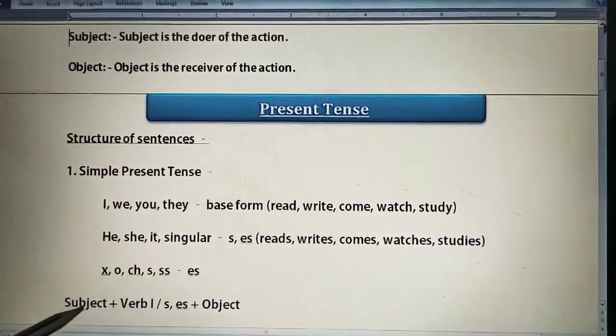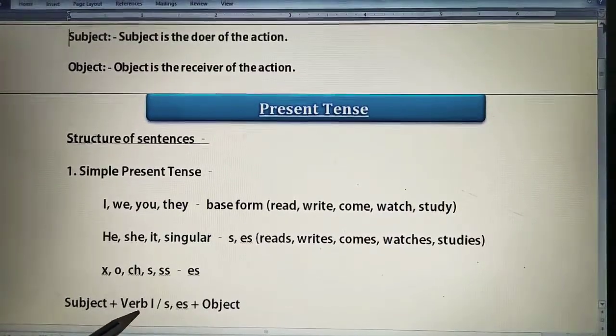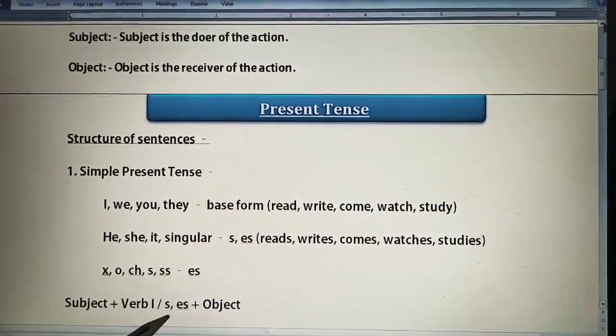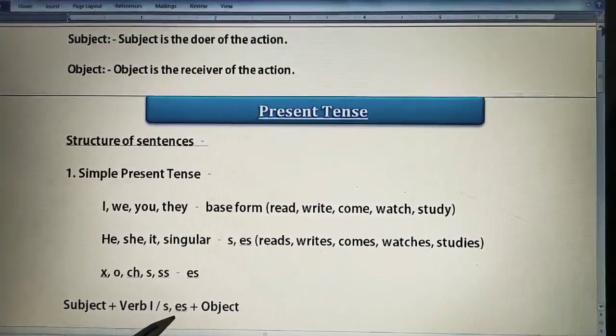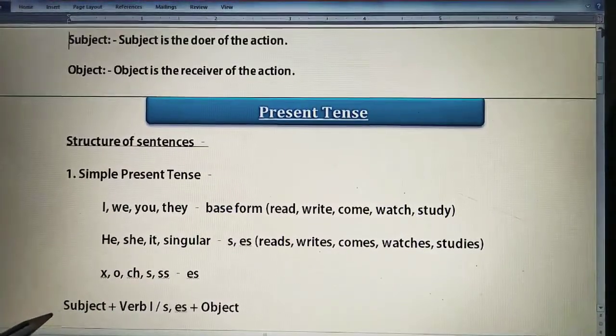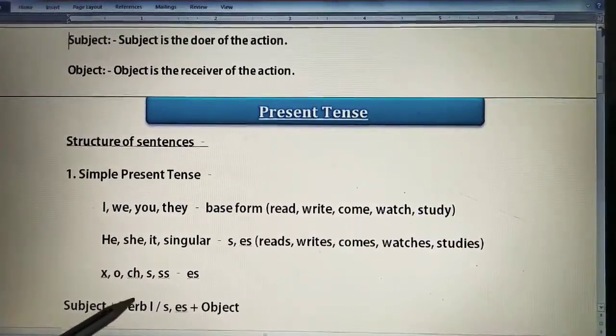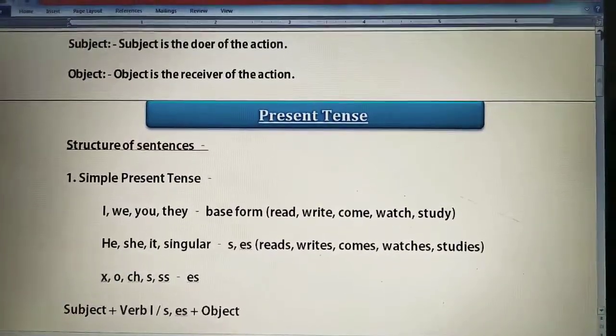So the basic structure of simple present tense is subject plus verb first form, s/es if the subject is third person singular, plus object.